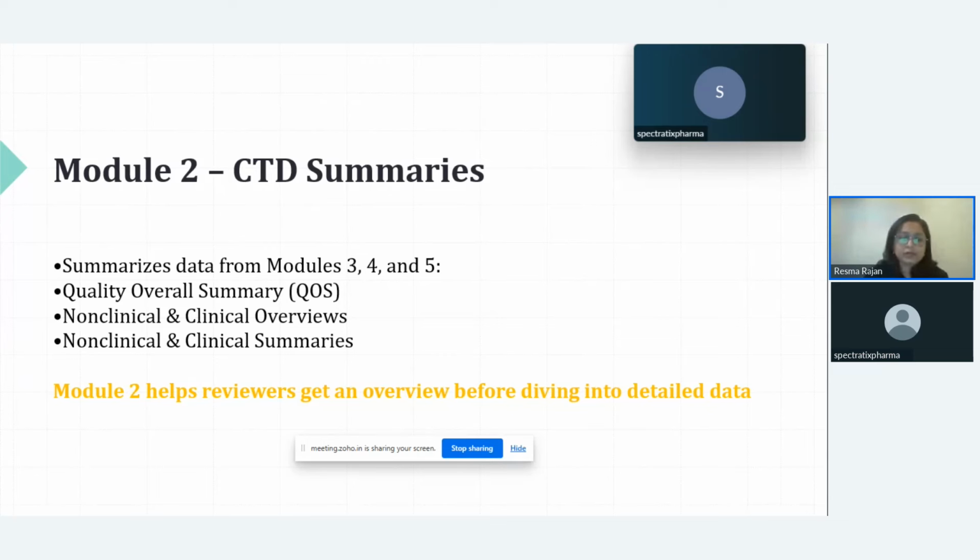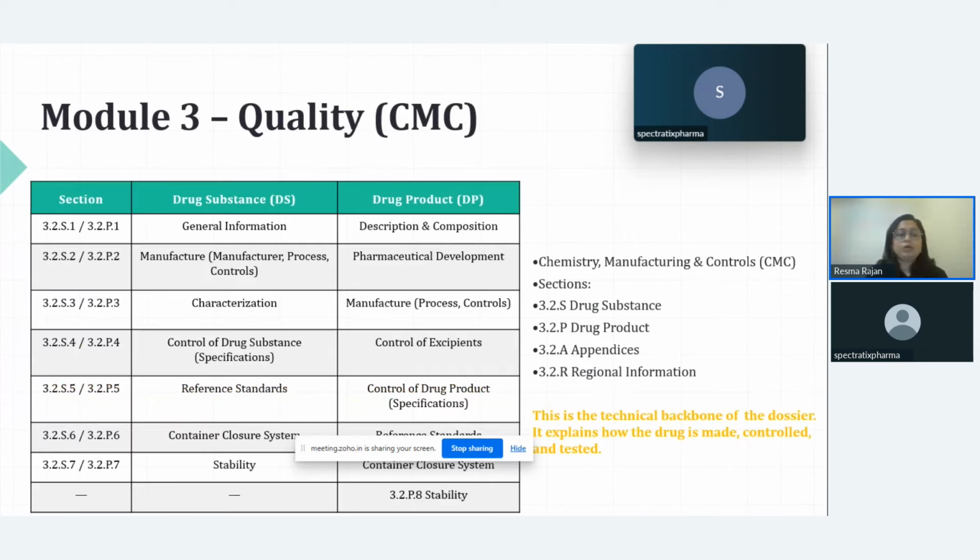Okay. Now comes the most important section, which is CMC: Chemistry, Manufacturing, and Control. Here in module 3, there are mainly 2 sections: the drug substance and the drug product section.